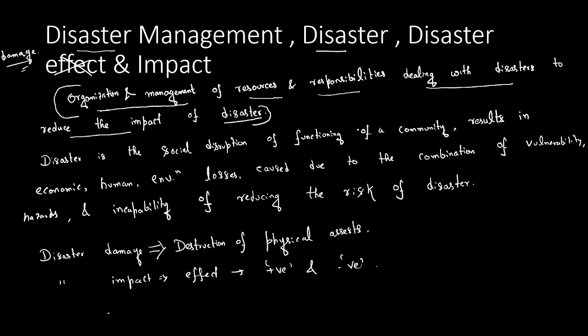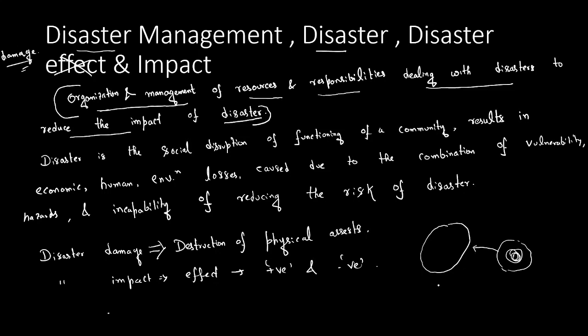For example, suppose in an area a cyclone is coming. You have the news, a sudden news, a cyclone is coming. You have gone through the class 11 book on physical geography, so you know how a cyclone forms. It's going to hit this area.